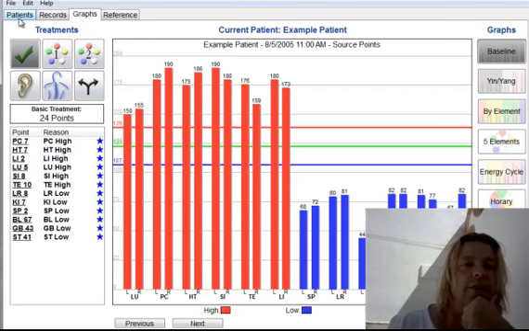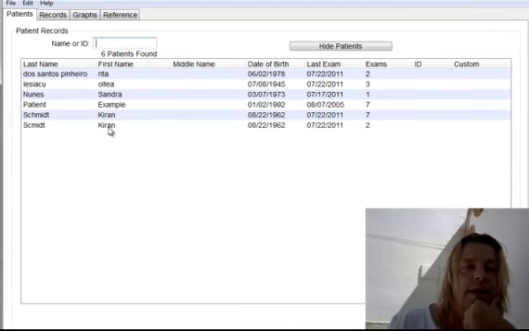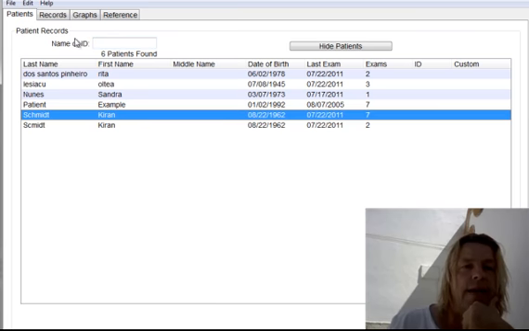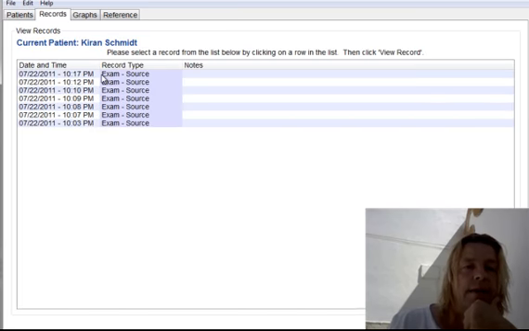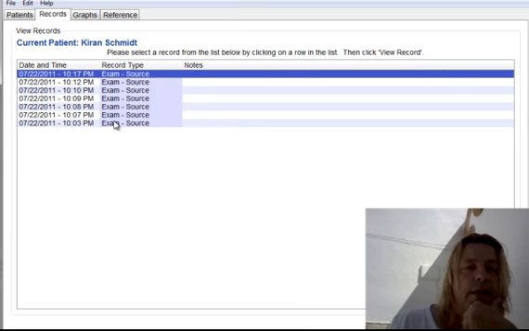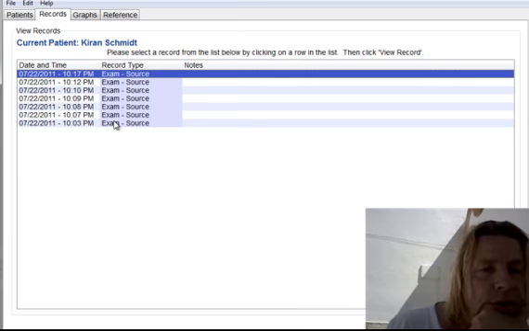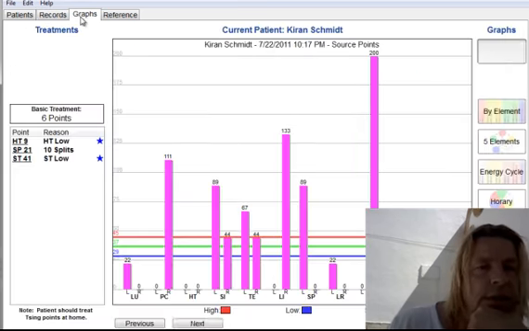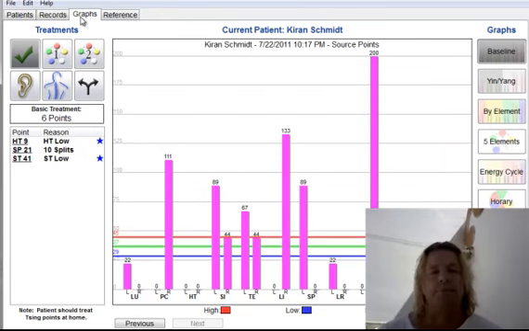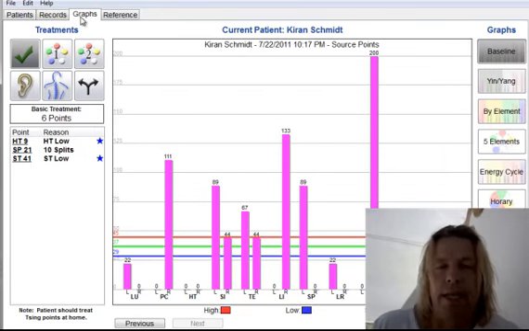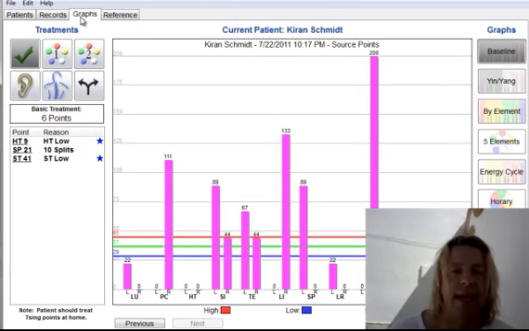So now let's look again at my values here, and now look at this. As I say, kidney is the highest.